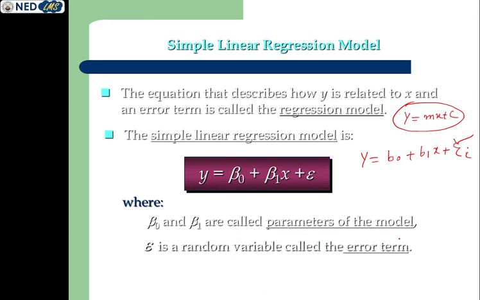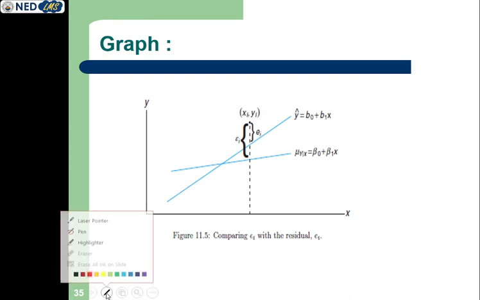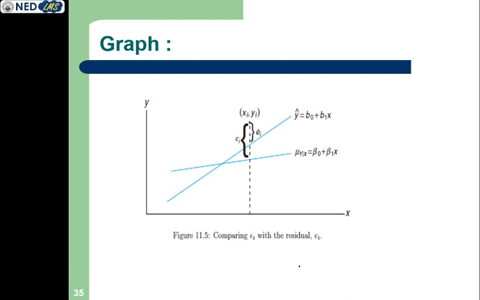Epsilon i is a random variable called the error, or some people say residual. Now we are going to discuss what a residual is. See this one, students. If we plot this equation, this is the graph I make: x-axis and y-axis.